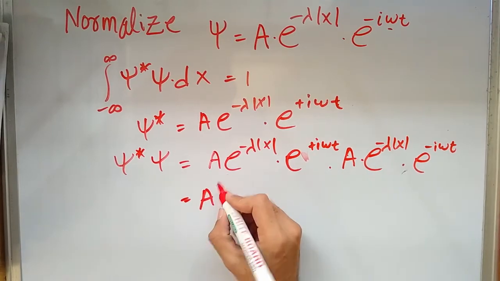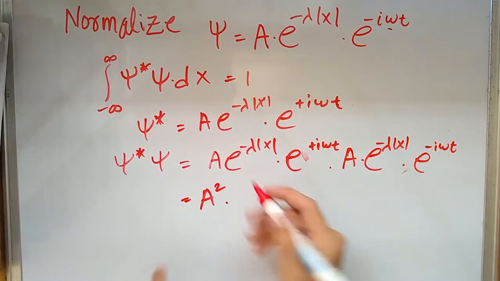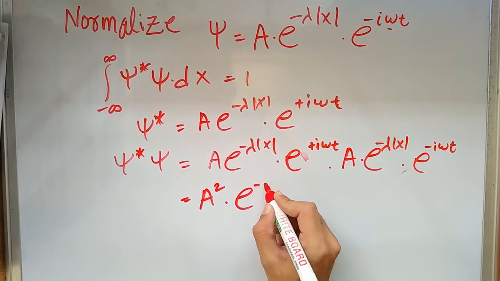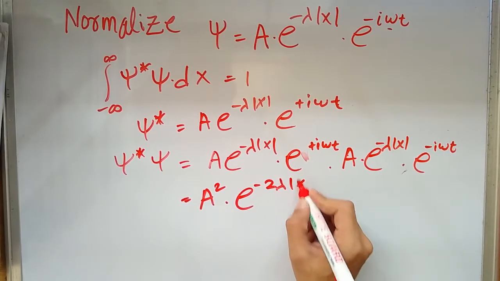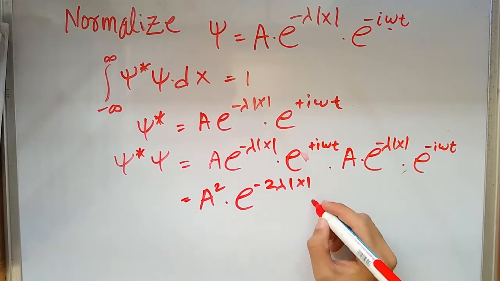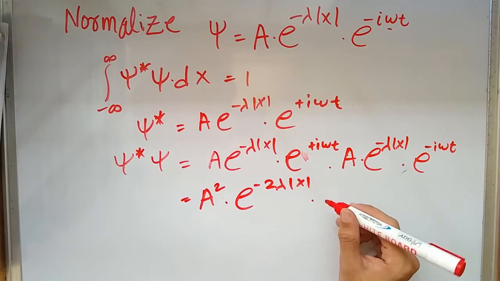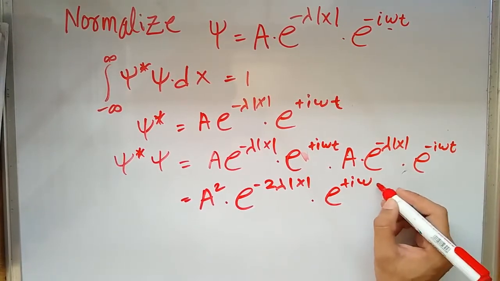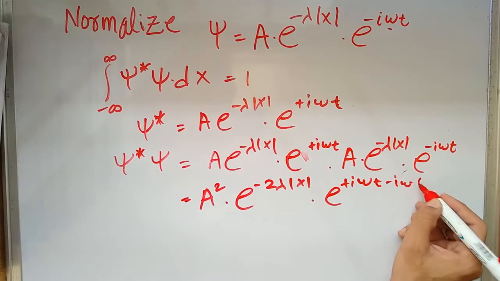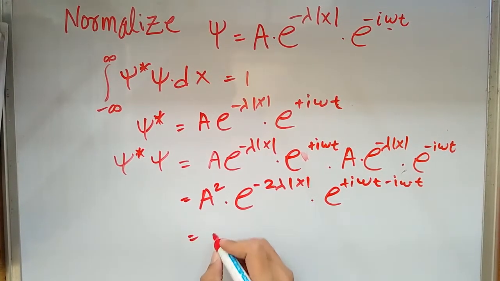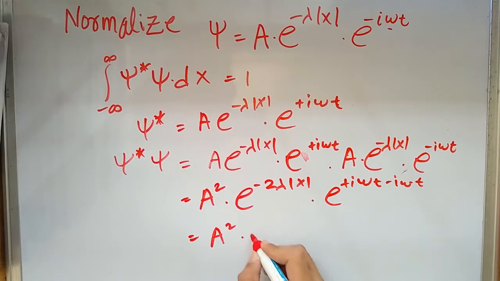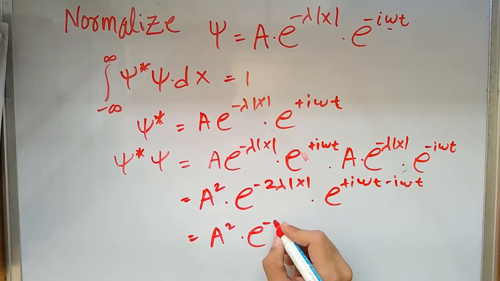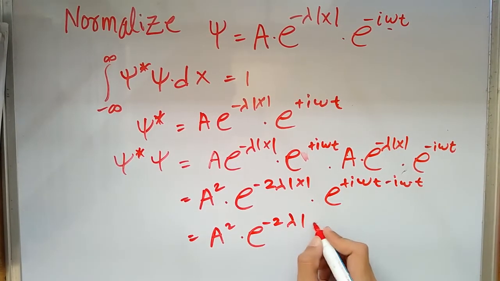We get A square into the multiplication of these two, minus 2 lambda mod x, since it is the same quantity added twice, then e to the power plus i omega t minus i omega t. So this factor cancels out and we are left with A square multiplied by e to the power minus 2 lambda mod x.